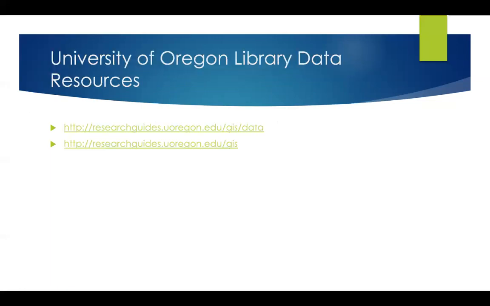Finally, the University of Oregon provides lots of data or links to data that are available to you for free. These are data that are open to everyone, but we make it really easy through our library website to get to them. Let me show you that now.